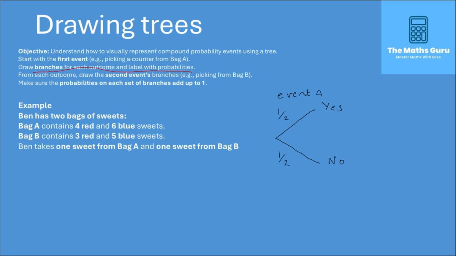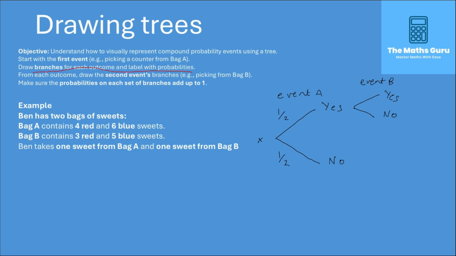So it's 50-50 whether we go from here up to yes or down to no, depending on what happens in event A. Now looking at event B, we then have our yes and our no.